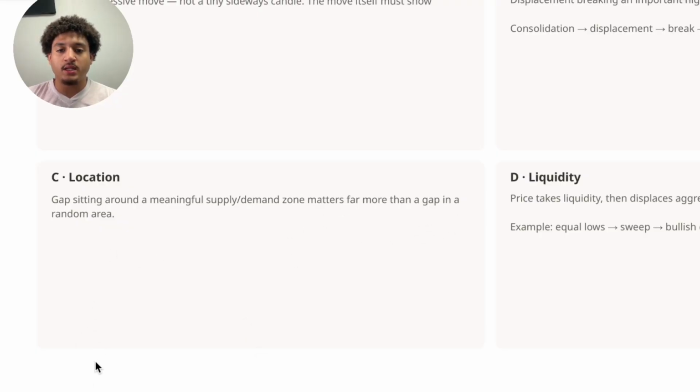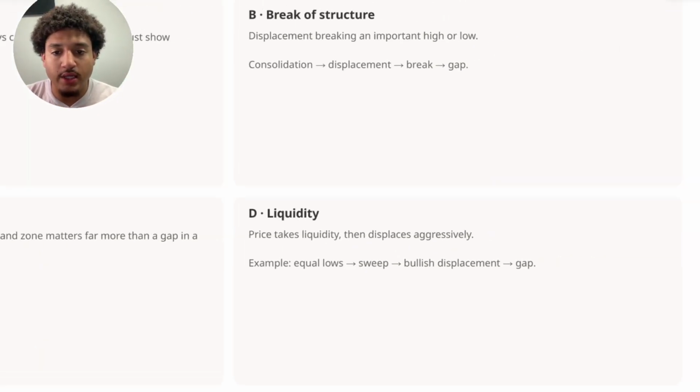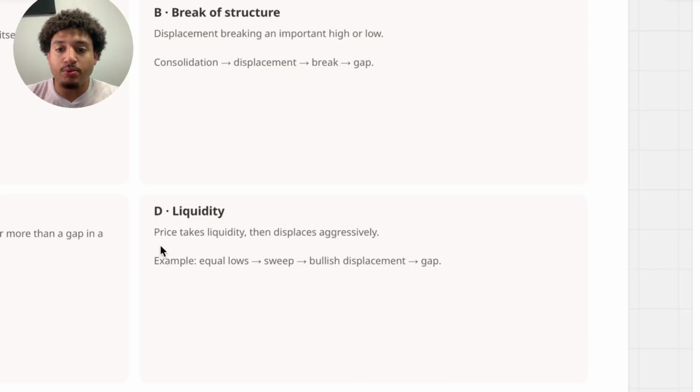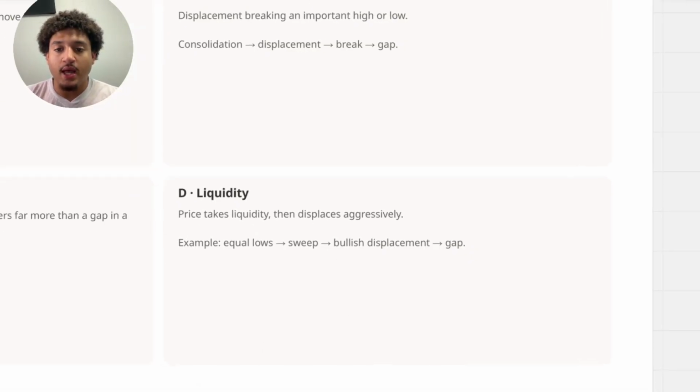Like I said, there are gaps always being created at all points in the market, and we're only looking for key areas where the aggressive buying or the aggressive selling starts to happen. D is liquidity, which means price takes liquidity then displaces aggressively. An example is equal lows, sweep, bullish displacement, gap.